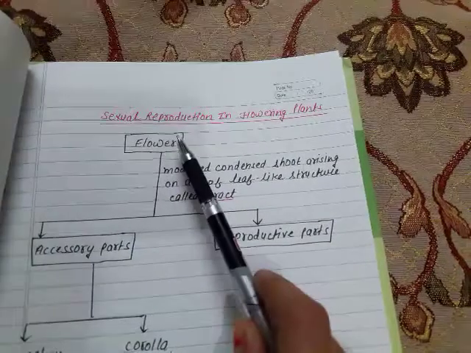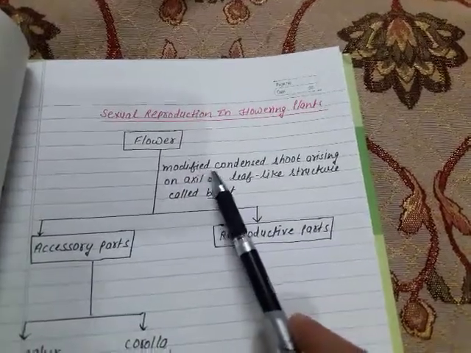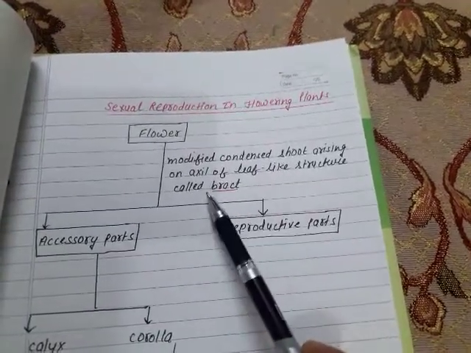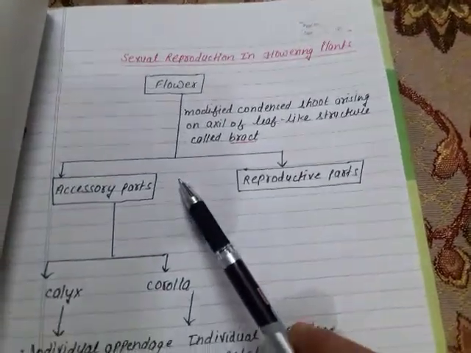So we can say that the flower is a modified condensed shoot. Now let's discuss the parts of the flower.